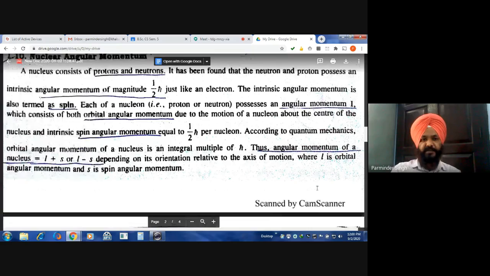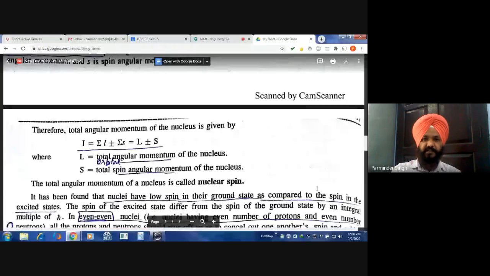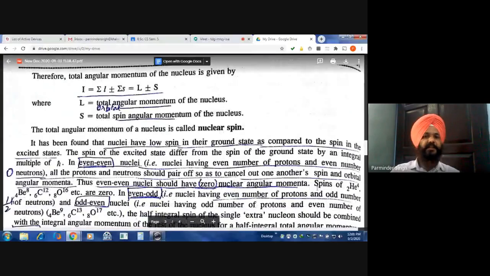If we want to find the total angular momentum of the nucleus, the total angular momentum is I, which is the sum of the orbital angular momentum, written as summation of L, and the spin angular momentum, summation of S, with a plus or minus sign depending on the spin orientations of the particles.